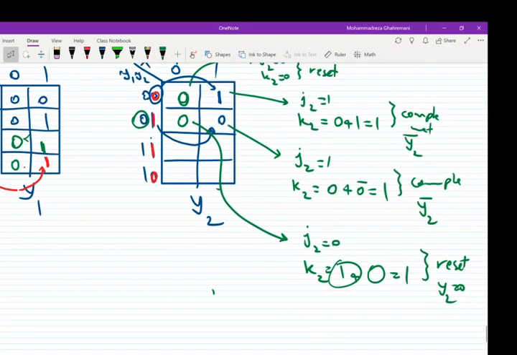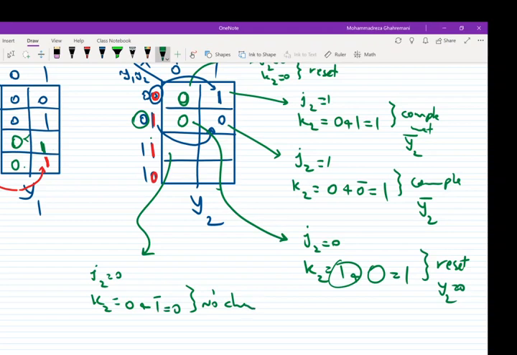The next one here, j2 is 0, k2 is equal to 0 plus y1 bar. y1 is 1, bar it's 0, so it's 0, it means no change. What is the previous value of y2? The previous value 0, 0 is no change.